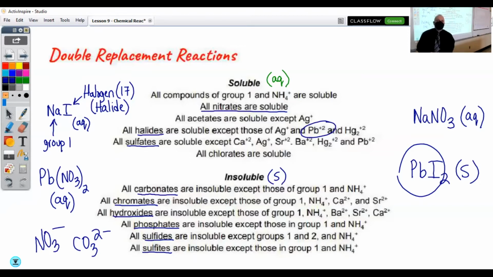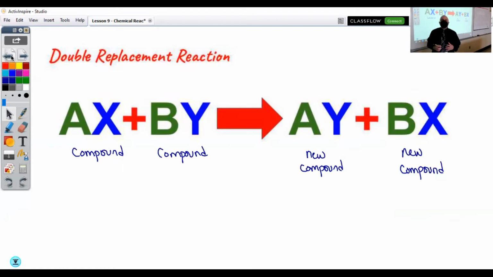Okay, let's go ahead and take a look at some of our examples. And we'll keep referring back to these rules. So if we go back and look at our general equation, one of the things that I want you to notice is this. The outside parts of the compound will bond together. So A will bond with Y from the opposite compound.